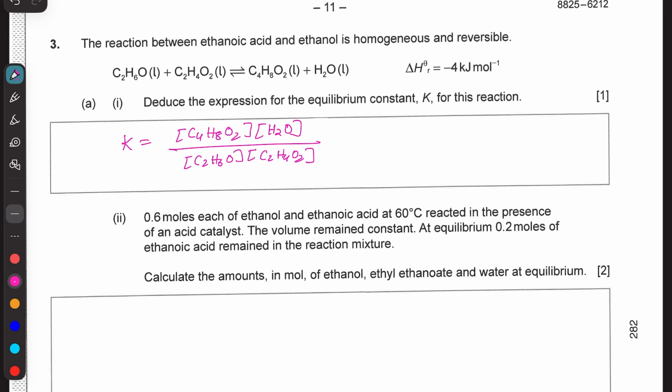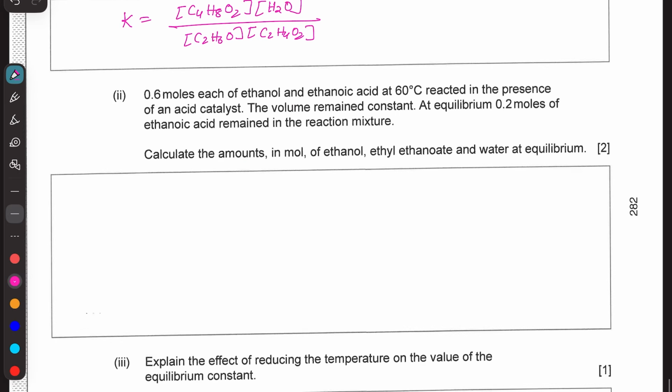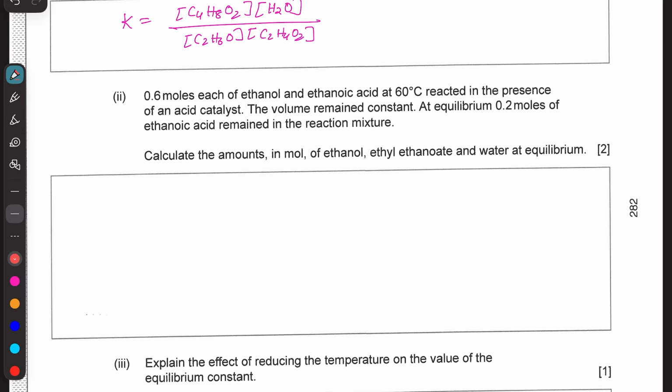0.6 moles of each of ethanol and ethanoic acid reacted in the presence of an acid catalyst. At equilibrium, 0.2 moles of ethanoic acid remained in the reaction mixture. We have to find the amounts of ethanol, ethyl ethanoate, and water at equilibrium.